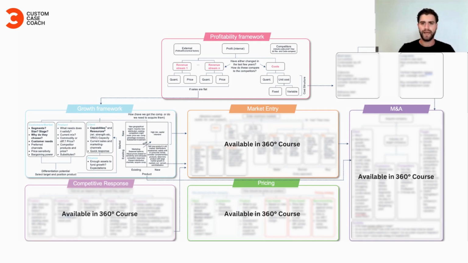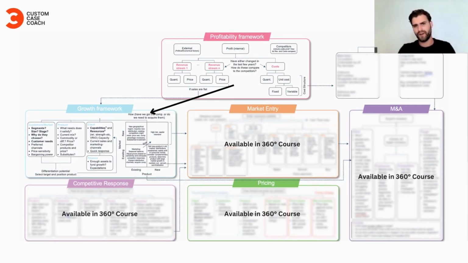Now, if we have a profitability case and profits are falling, it might be that we have a solution that involves a growth framework, right? We might want to grow a certain product or grow a certain business unit in order to fix our falling profits.